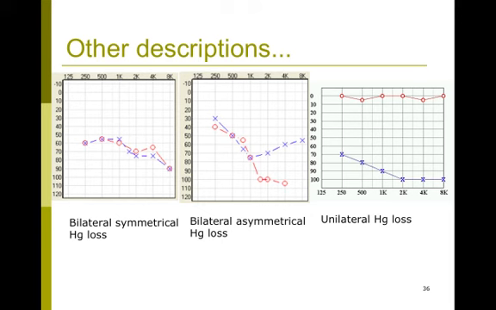And these unilateral hearing losses are in a way difficult to remediate because they do pretty well in typical environments because we've got hearing within normal limits on one side, but obviously they'll have problems finding out the direction of a sound source.